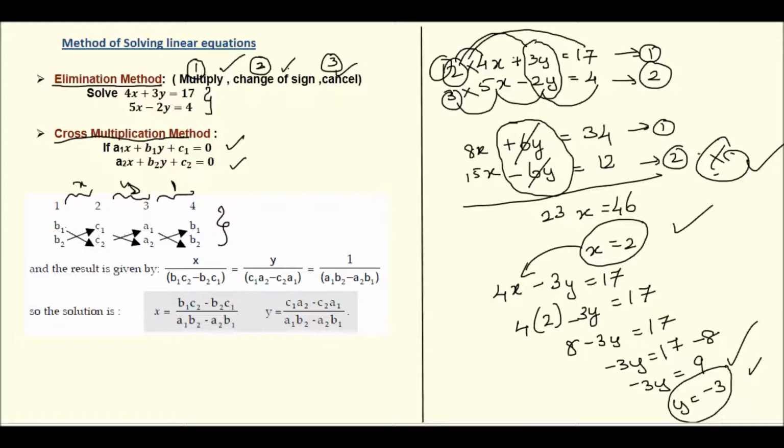Next is y by c1 a1 and c2 a2. Next is equal to 1 by a1 b2 minus a2 b1. From top to bottom, you just multiply and subtract. You will get this format, and you can substitute. You can choose any method for solving the linear equations.